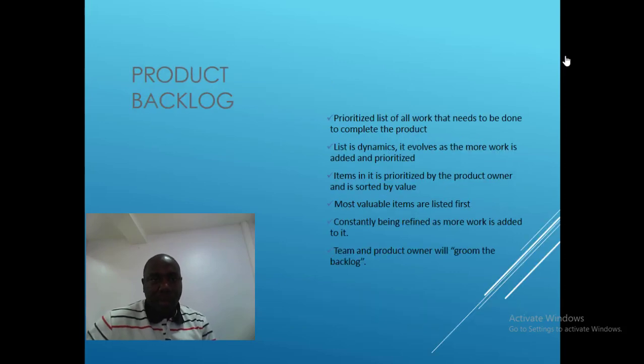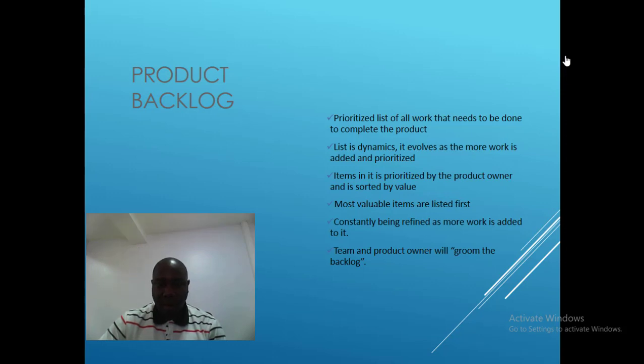All right. So product backlog is a prioritized list of all work that needs to be done to complete the product or the project. The list is dynamic. It evolves as more work is added and more is prioritized. As feedback comes, the list is rejigged and revalued, and in order of priority, the work is being done.